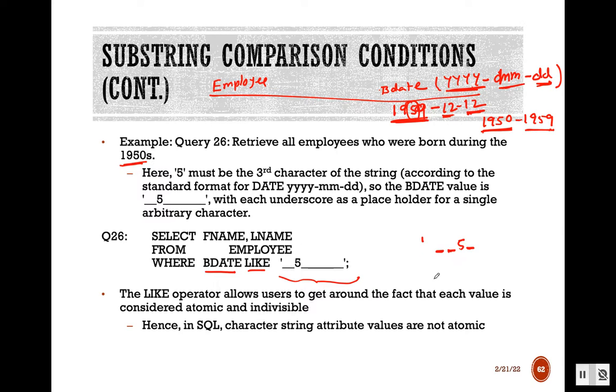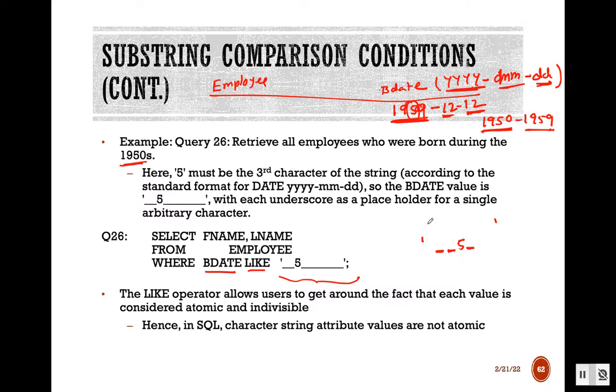We have here 2 underscores, because before the 5 there are going to be exactly 2 characters, and after the 5 there are going to be exactly 1, 2, 3, 4, 5, 6, 7 characters. So that's how we give exactly 7 underscores.